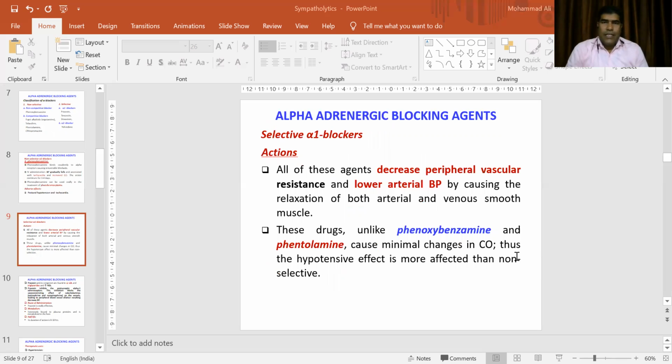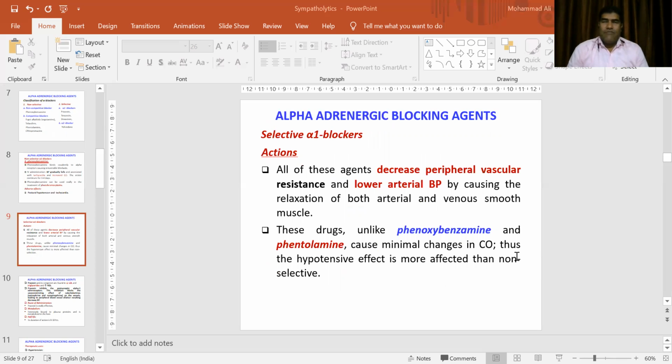Coming to the selective alpha 1 blockers. These agents decrease peripheral vascular resistance and lower arterial blood pressure by causing relaxation of both arterial as well as venous muscles.